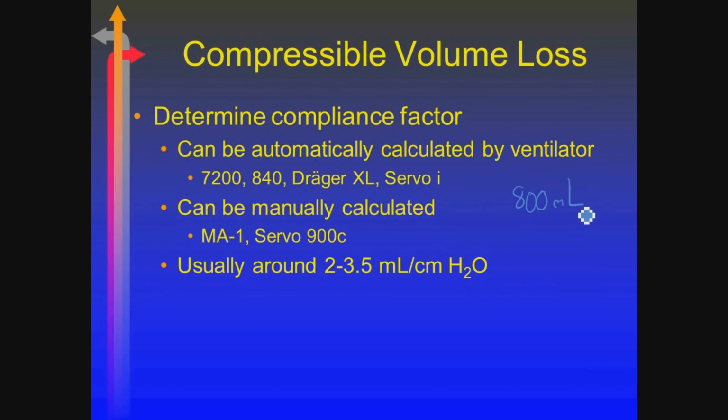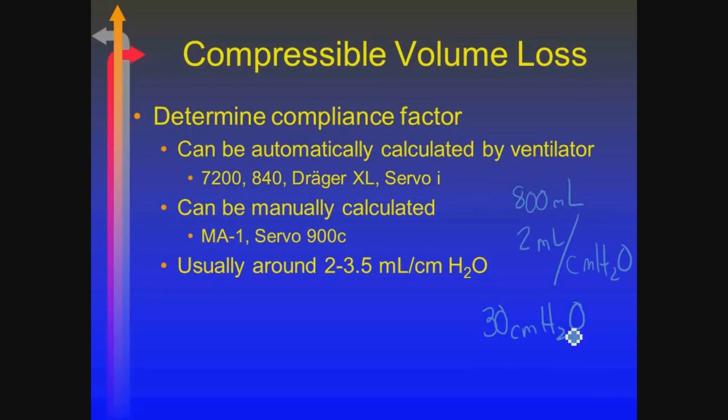I know that my circuit loses 2 milliliters for every centimeter of water pressure, and this is what it determines during its self-test for that circuit with that humidifier. Okay. It says then, I deliver a breath and I see my peak pressure is 30 centimeters. To deliver my tidal volume requires 30 centimeters of water. How much compressible volume is there?